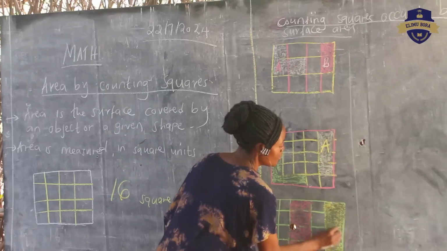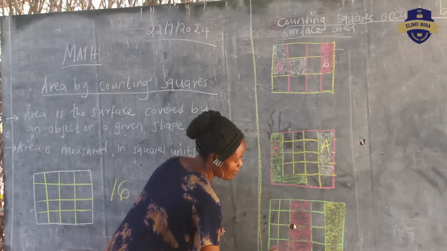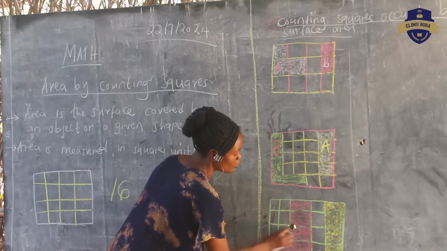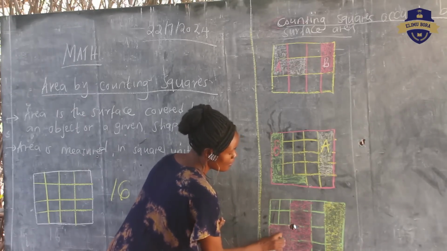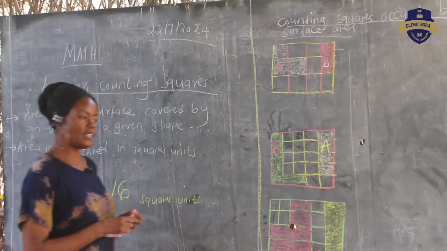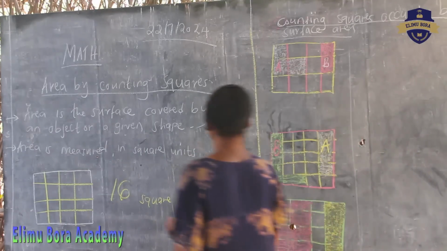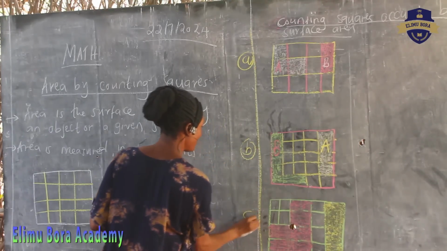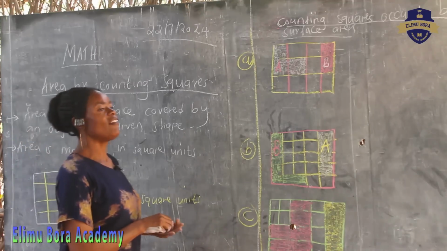We are going to know that by simply counting the number of squares. And remember we have said that area is usually measured in square units. So, who is going to do for us the first one? We have A, we have B, we have C. So who's going to count for us?